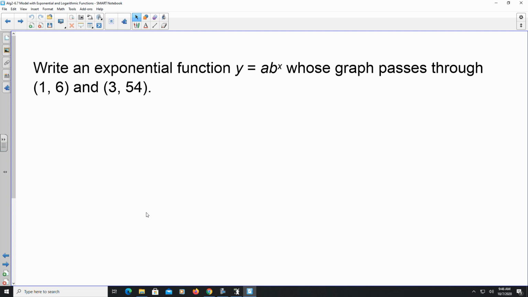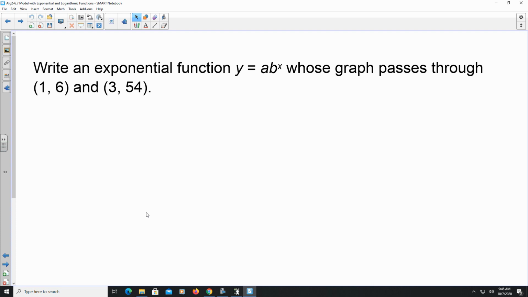So the problem is we don't know what the value of a is, and we don't know what the value of b is. So here is the way that we go about trying to solve this.